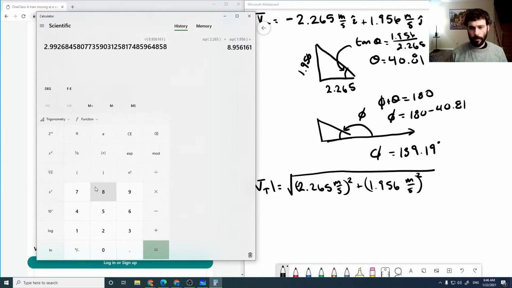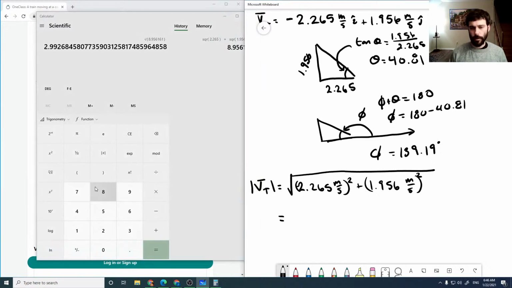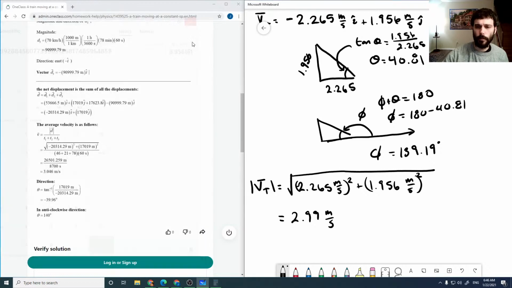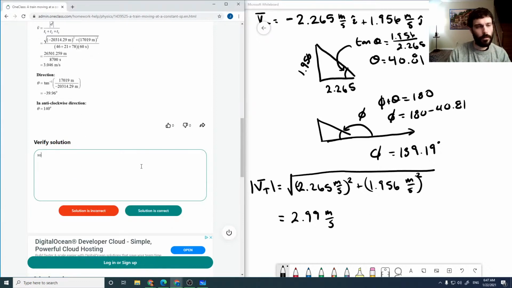So our average speed is 2.99 meters per second. Which, if we compare to what they found here, about 3, that must just be rounding differences. And the anticlockwise theta from east they got was 140 degrees. We got 139. So again, I assume that's just rounding differences. So that looks good.